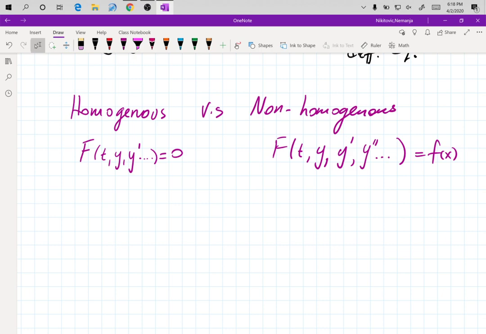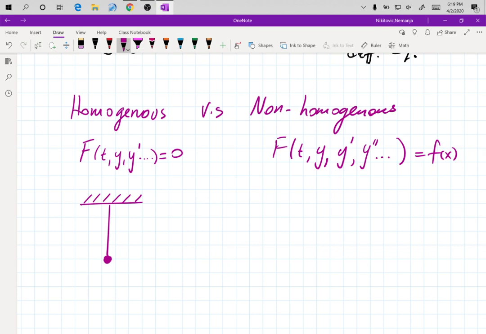So if you are to suspend something at the end of a string off of the ceiling, or you can say a child on a swing, that's a pendulum, right? It's suspended, and then you just push the kid and it starts swinging back and forth.